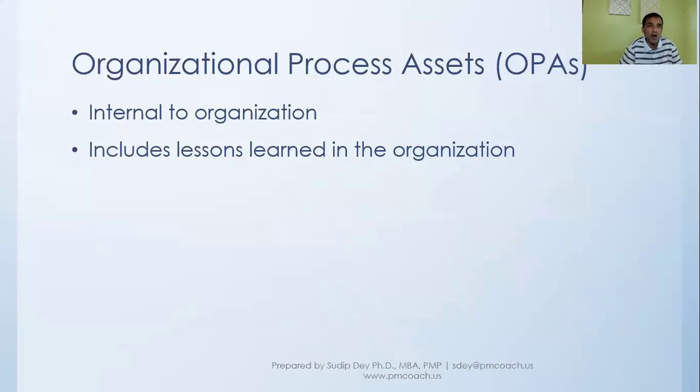And I can take a call, and if I see that they are, then in my estimation I might take those factors into consideration. So my estimation is much more robust. So lessons learned in the organization will also be a part of the OPA.